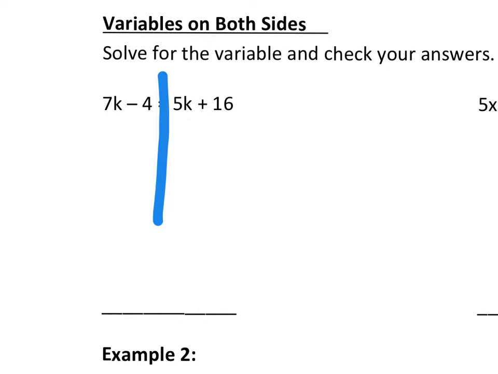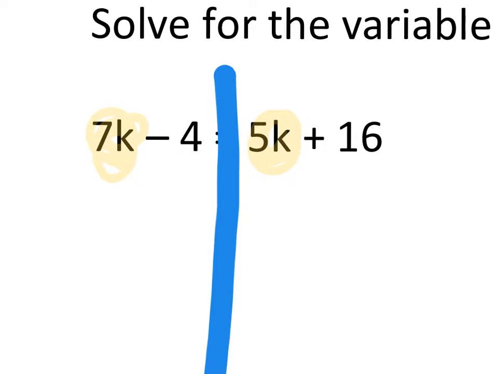You're going to pick one of them, it doesn't matter which one, either the 7k or the 5k, and we're going to move it. When we want to move things, I have to move them with addition and subtraction. That way, we're keeping our equation balanced. I like to avoid negative numbers, so instead of subtracting 7k from both sides, I'm going to subtract 5k from both sides.